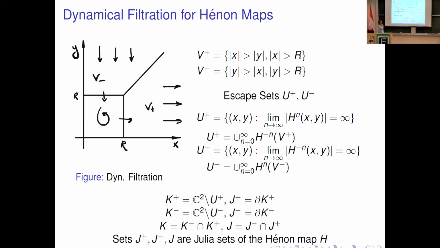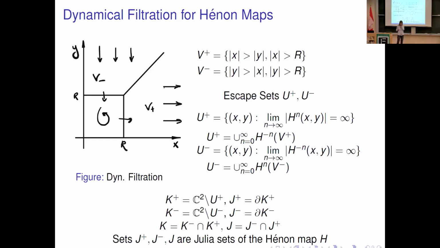We look at the set V plus, on the right, where the absolute value of x is greater than the absolute value of y, and sometimes we allow equality, and the absolute value of x is greater than R. And V minus, at the top, is where the absolute value of y is bigger than R, and the absolute value of y is bigger than the absolute value of x.